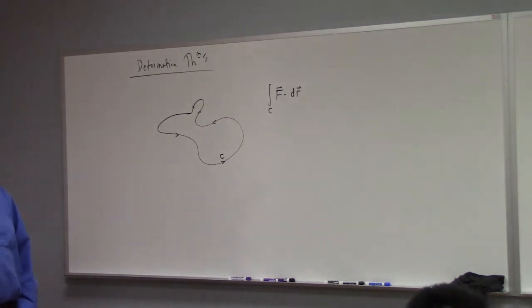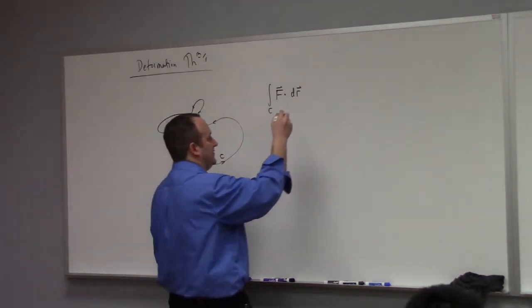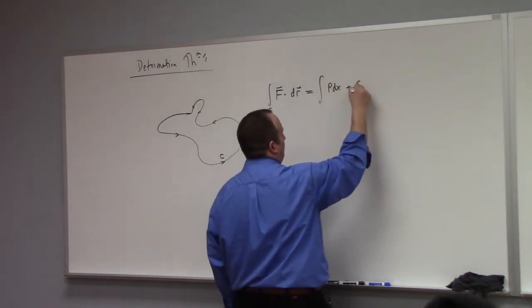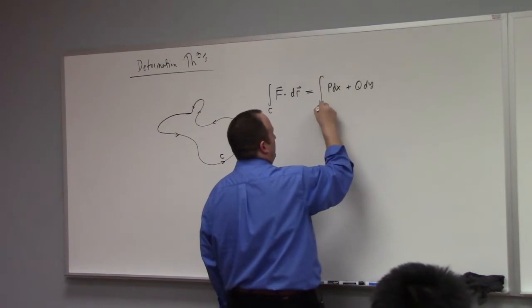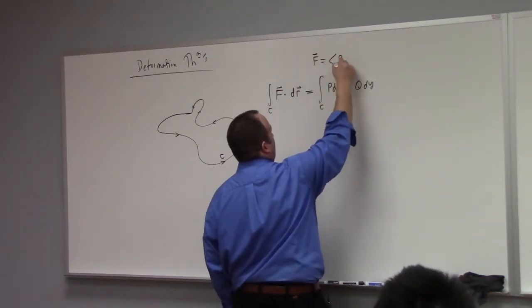If the vector field in question, which I've not pictured, was everywhere perpendicular to the path, it'd give you 0. Right? So it has to line up. Now, just for the sake of specificity, let me call that P dx plus Q dy. So here, I'll let F be the vector field PQ.